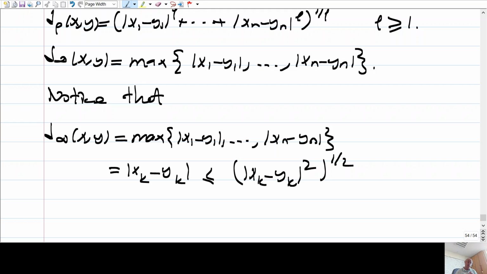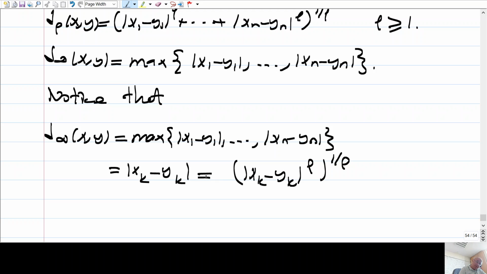I can write it even as rho power and then root, right? Actually, these are equal.